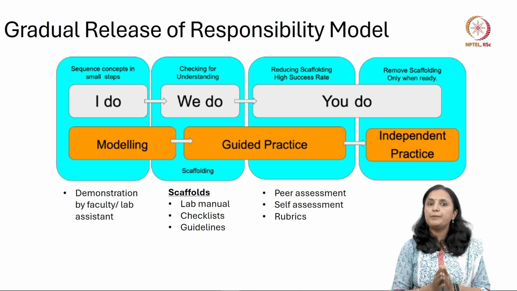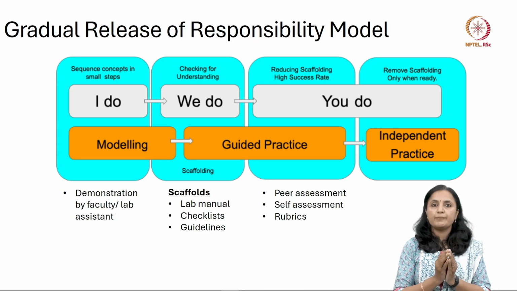In ZPD also, we were basically providing the necessary scaffolds to move students from one level to another. In this case, what is happening? There are three stages: I do, we do, and you do.